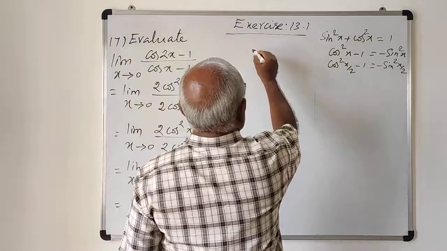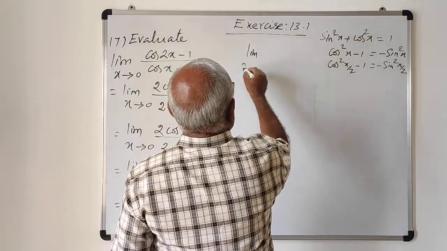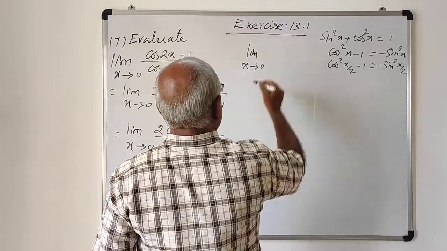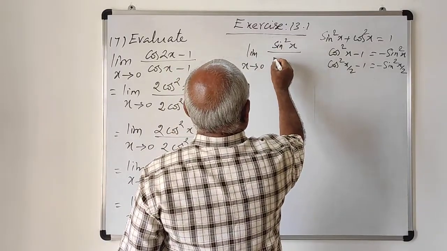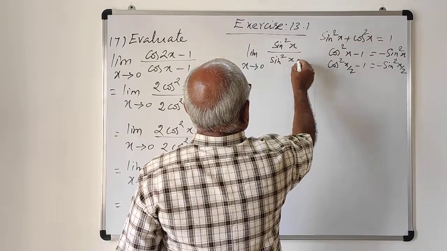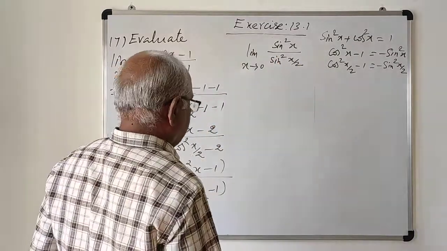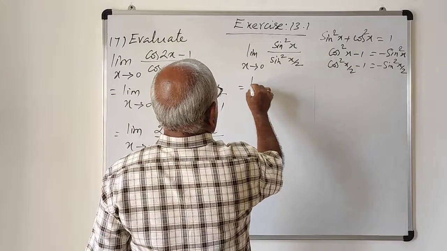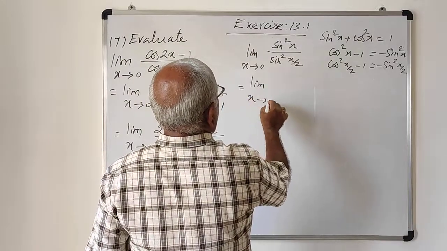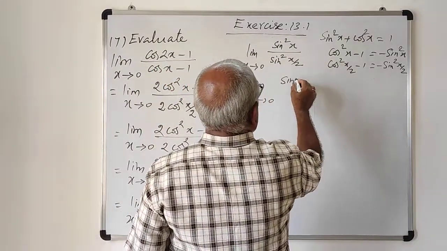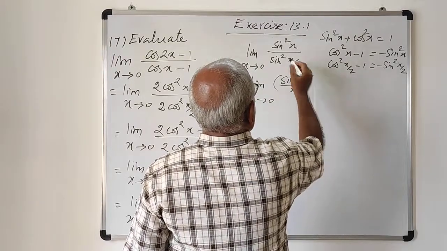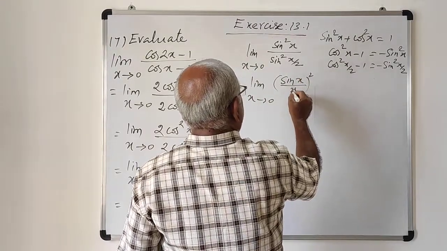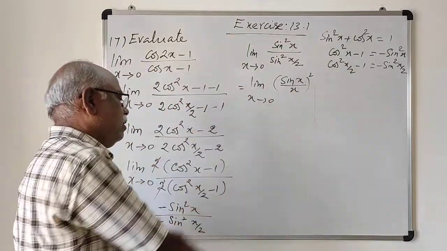You will get the limit x tends to 0, sin square x by sin square x by 2. For that, I am going to write this as limit x tends to 0, (sin x by x) whole square. I can introduce sin square x by (sin x) whole square, and I introduce x in the denominator also.